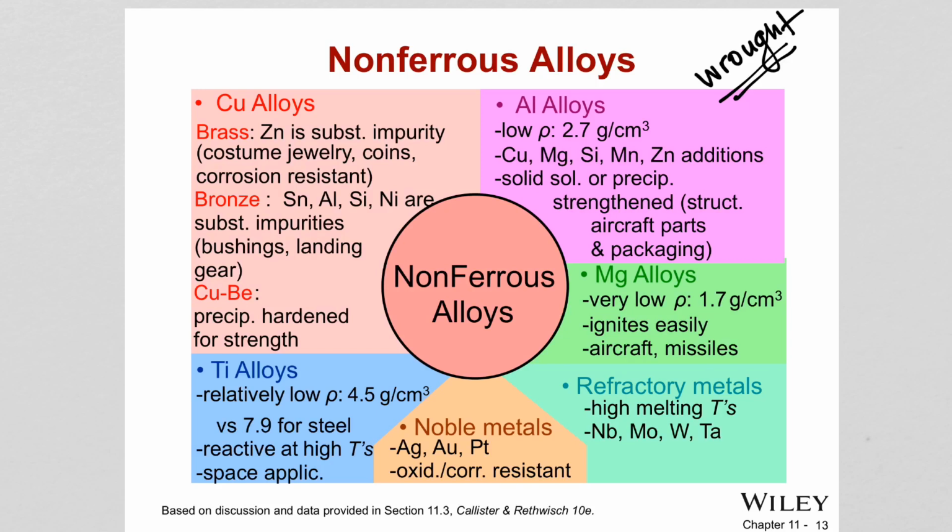Aluminum and its alloys. Aluminum has a low density, which is 2.7, and steel is 7.9, so you can compare. They have good electrical and thermal conductivities, good resistance to corrosion, and they have high ductility, so it is very easy to deform them. They are easily formed.